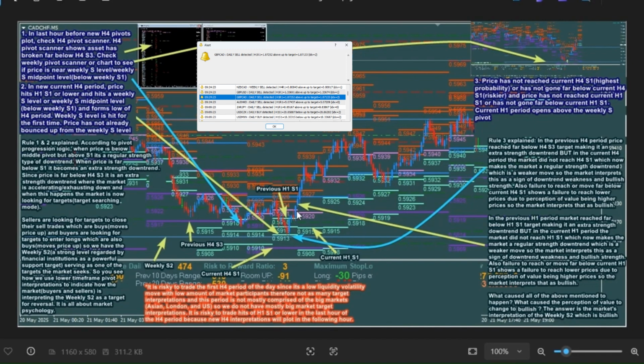Okay? So again, it's going back to the market psychology where we are discerning how the market is interpreting the weekly targets by using the lower time frame pivots.